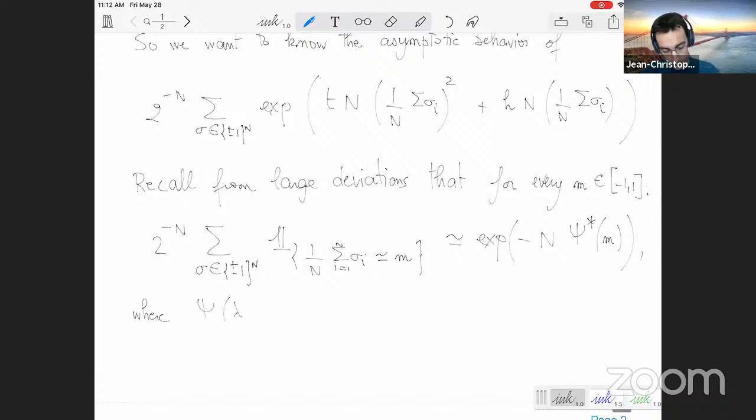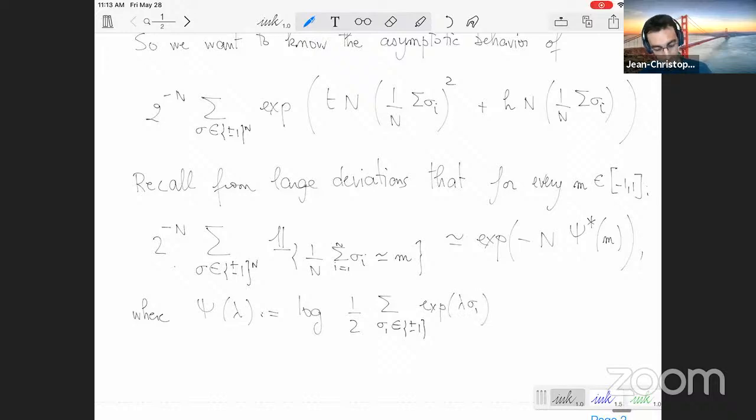So psi of lambda is the log Laplace transform. It's the log of the expectation of exponential lambda sigma 1. So the expectation here is 1/2 sum over sigma 1 in plus or minus 1 of exponential lambda sigma 1.